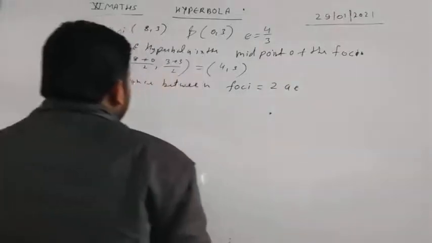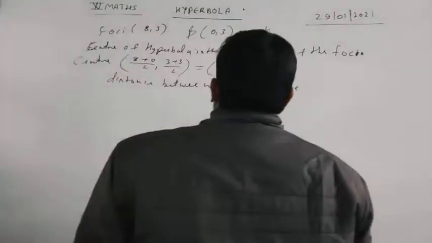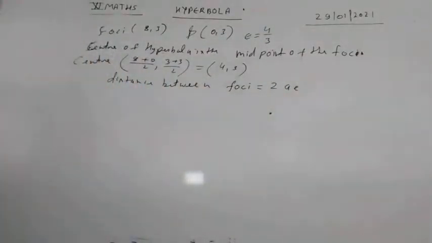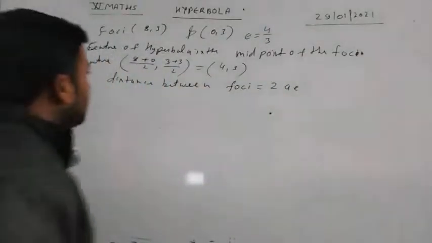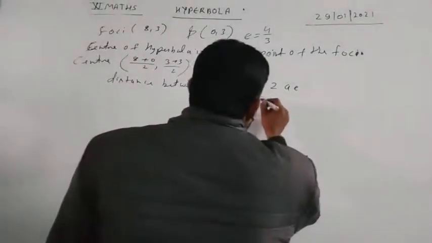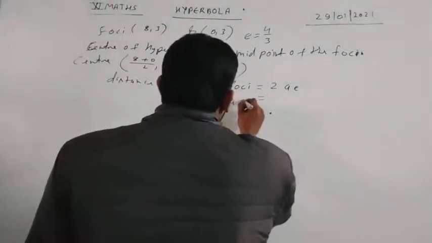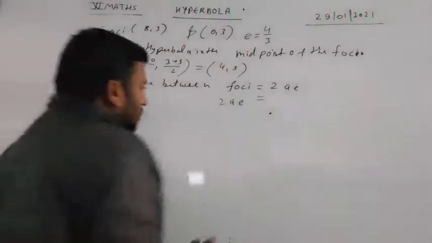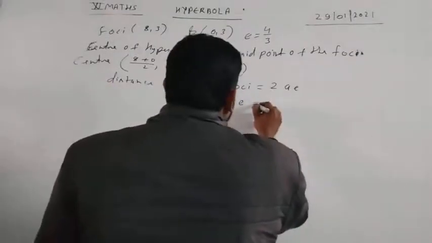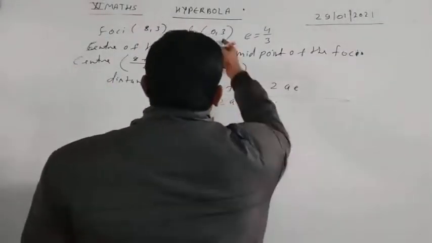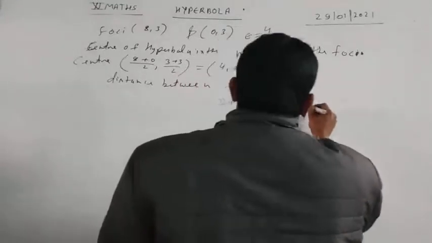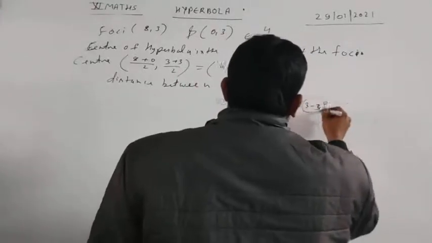Okay, student, so the distance between foci is 2ae, and this is equal to under root 8 minus 0 whole square plus 3 minus 3 whole square.